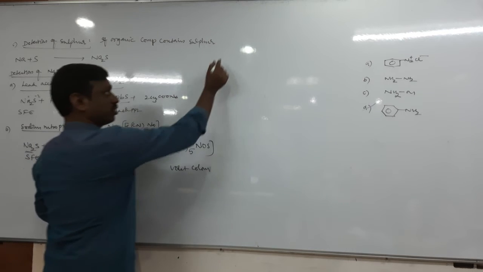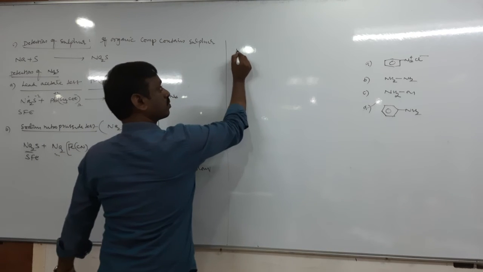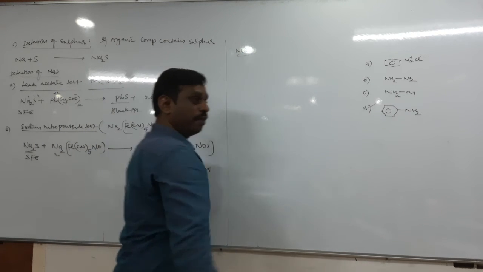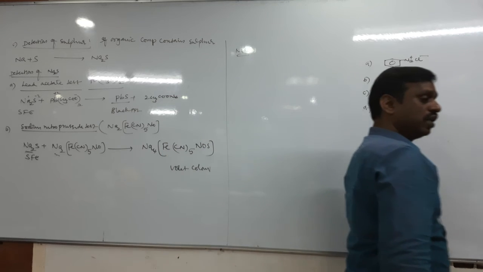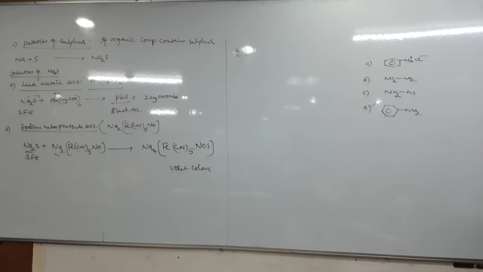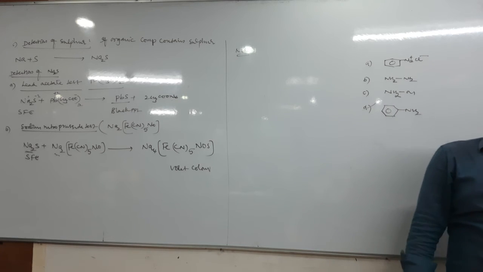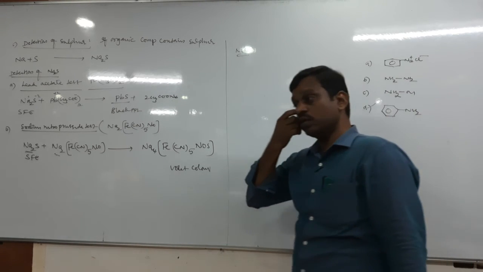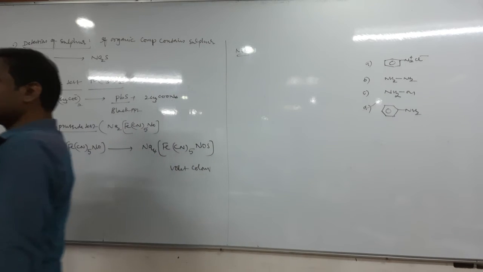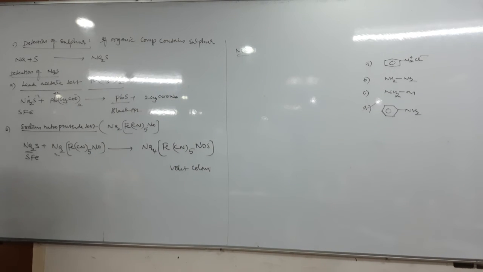Okay. Next, one important note. Sometimes an organic compound contains both nitrogen and sulfur. Possible, no? An organic compound may contain both nitrogen as well as sulfur. So let's see that condition.